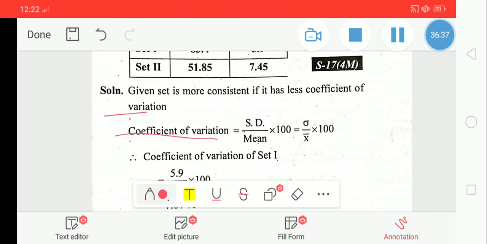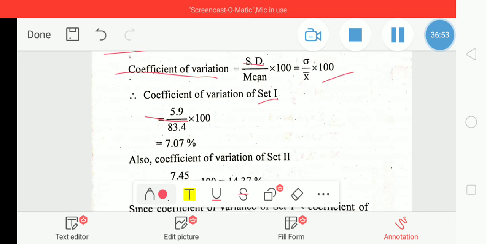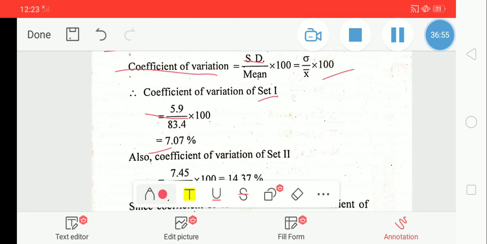So coefficient of variance is standard deviation divided by mean multiplied by 100, that is sigma divided by x bar multiplied by 100. So coefficient of variance of set 1 is 5.9 divided by 83.4 multiplied by 100, so 7.07%.